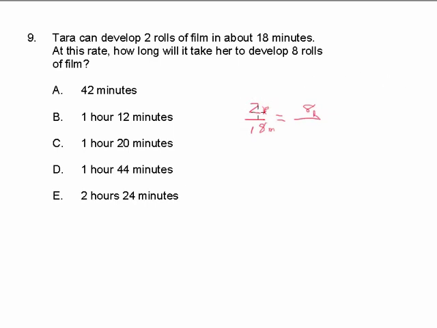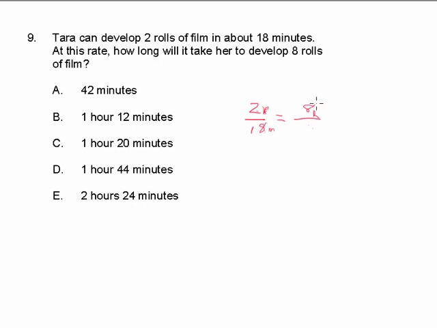The same item, the same reference point, it's just a different number. You would not want to, for example, put the 8 rolls of film down here because it would not work, clearly. So we're just making this equation: 2 rolls for 18 minutes. If we had 2 rolls for 18 minutes, what happens if we get 8 rolls?